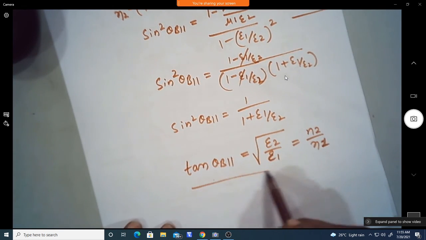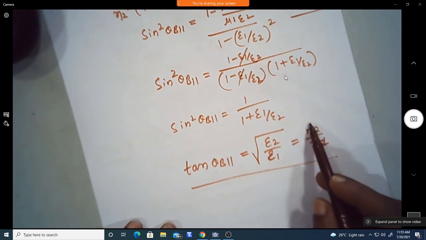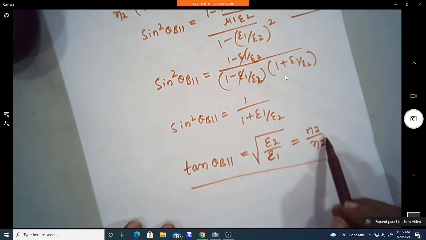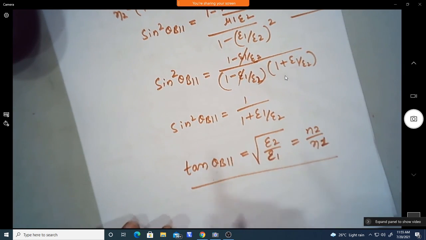This is how the Brewster angle can easily be found from the refractive indices or the epsilon values of the mediums.